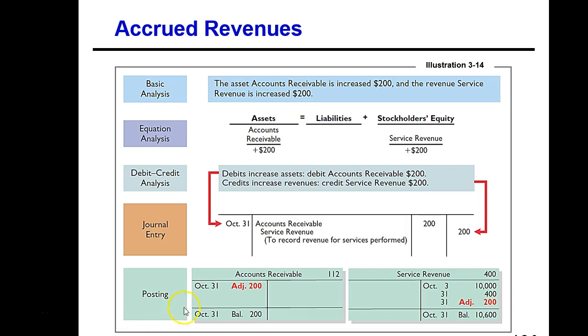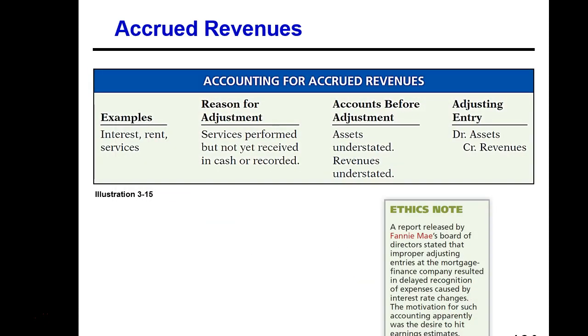So for those two accounts, the accounts receivable account is showing the $200 before adjustment, and it's a revenue account for $200. Once the payment is received in November, we will also post those transactions to the appropriate ledger accounts. Okay?